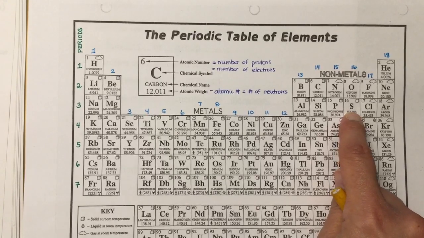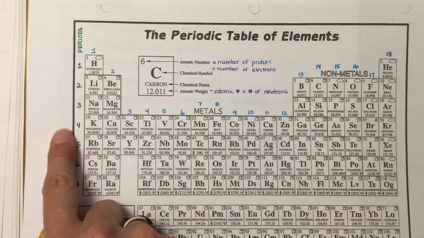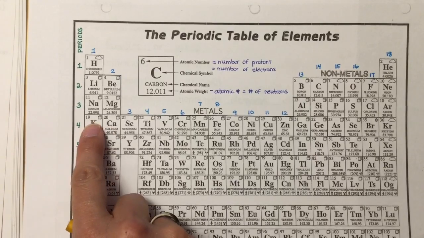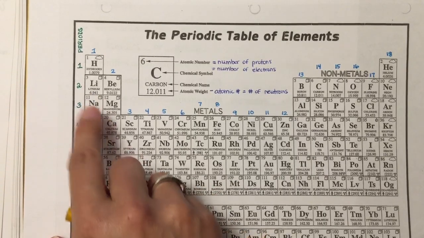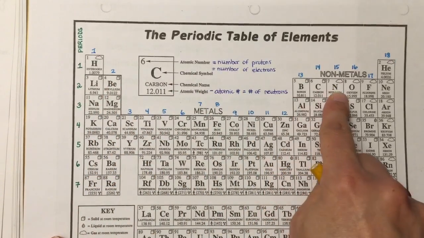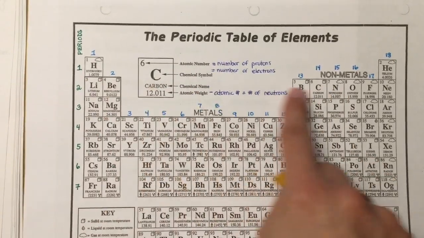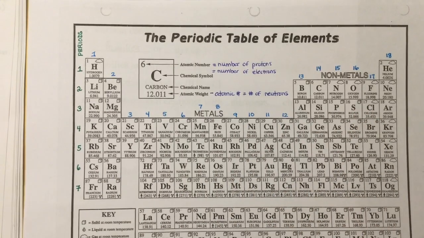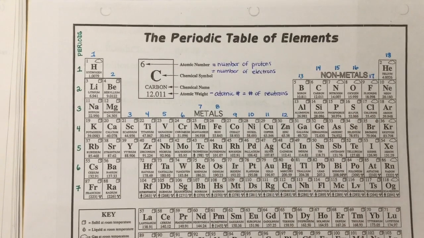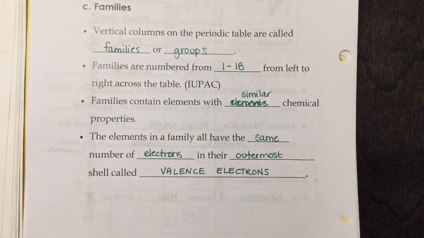If I looked at calcium, I would have 1, 2. What about nitrogen? 1, 2, 3, 4, 5. You're just reading across, and that tells you how many valence electrons it has. That's an easy way to figure it out really quickly. Okay, turn the page.